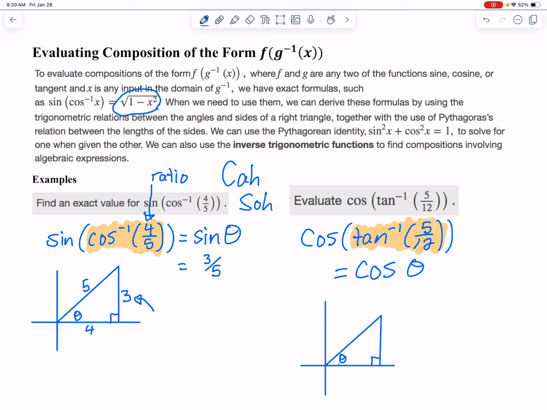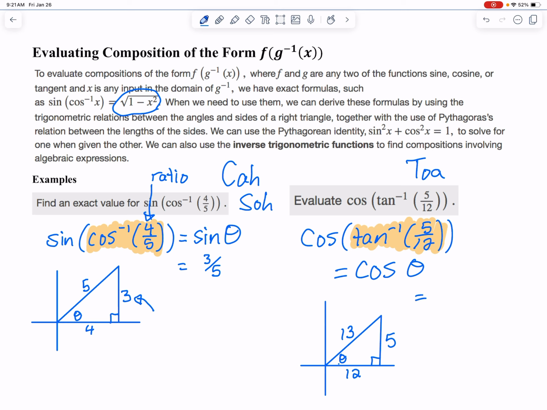And they told us tangent. Well, tangent is "Tripping on acid," right? That's how we memorize it. So opposite over adjacent, so it's 5 over 12. And then if we do the Pythagorean theorem here again with the legs, 5 squared plus 12 squared, we're going to end up getting a 13 on this other side. So now all we need to do is evaluate cosine given that triangle.